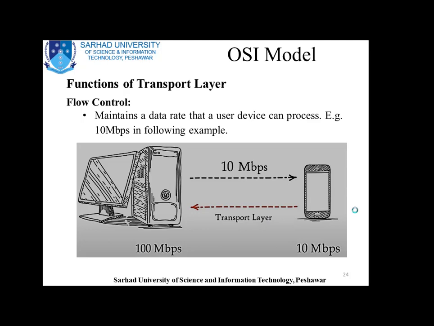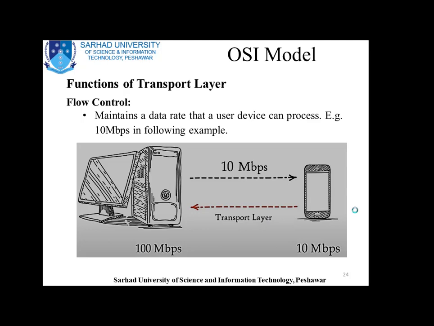Also, another very important function of the transport layer is flow control. If you are communicating with a server whose speed is, let's say, 100 mbps, and your device cannot handle more than 10 mbps, it is the transport layer which tells the server to slow down its processing speed as per your demand.